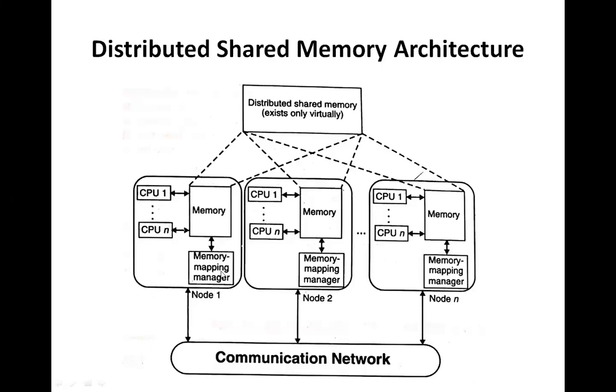Now, when a process on a particular node wants to access some data from a memory block of the shared memory space, the local mapping manager takes charge of the request of the different processes.